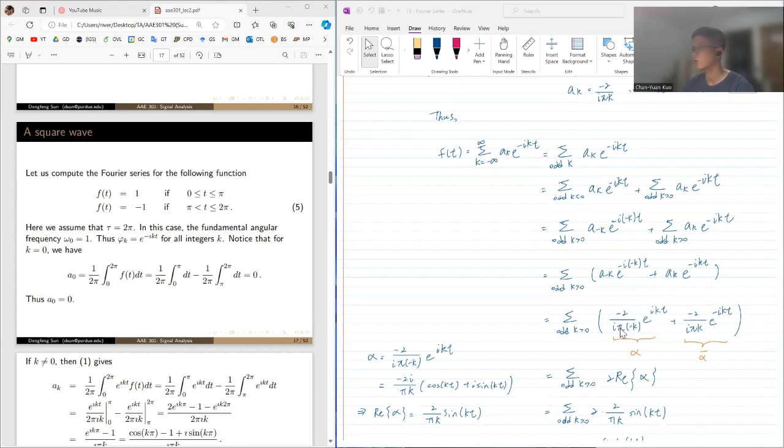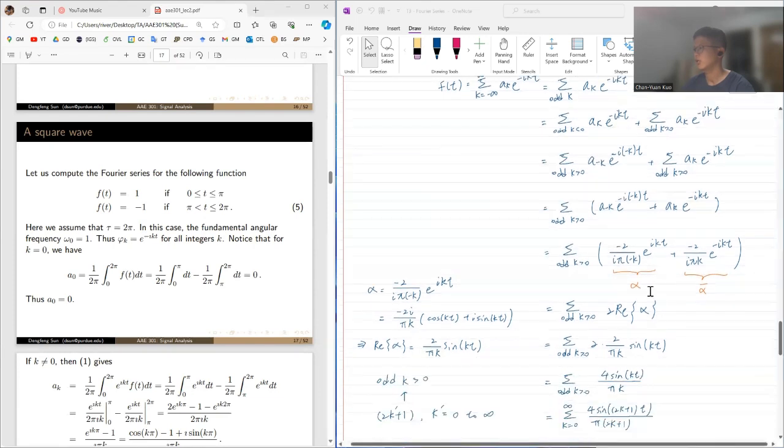And we are going to call the first product alpha. Now, if you look carefully enough, you will see that the second product is actually the complex conjugate of alpha. And so here we are actually summing a complex number and its complex conjugate. And we know that if you sum a complex number with its complex conjugate, what you will get in the end is 2 times the real part of the complex number.